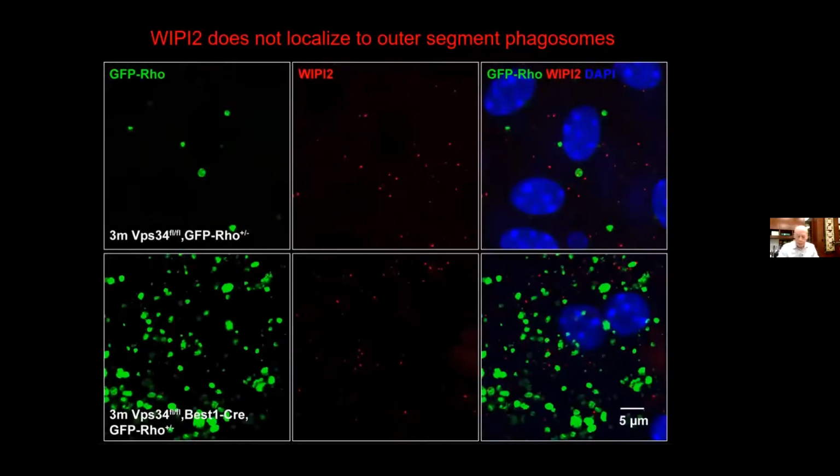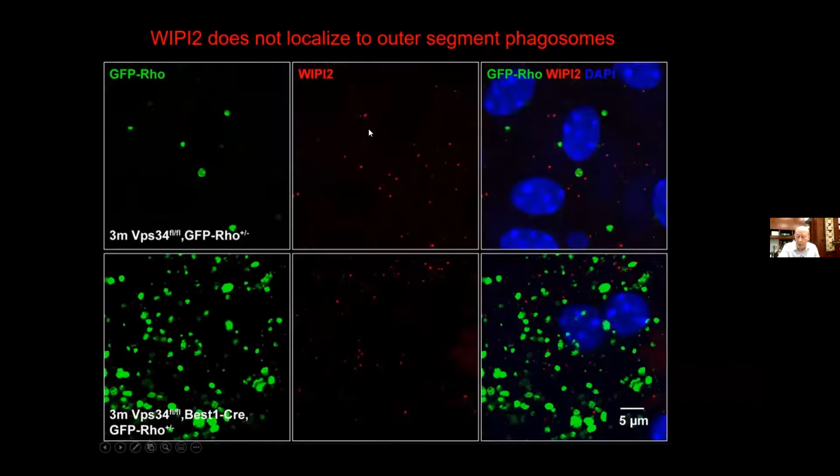Now, let me just touch briefly on the question of WIPI2, which has been proposed to be the mechanism which recruits LC3. WIPI2 binds directly to PI3P, but when we look at the phagosomes, which I've shown you on the previous slide are decorated with PI3P and with LC3 too, these do not bind WIPI2.